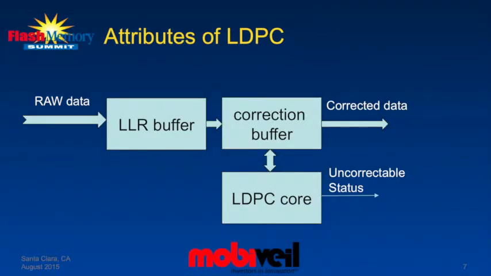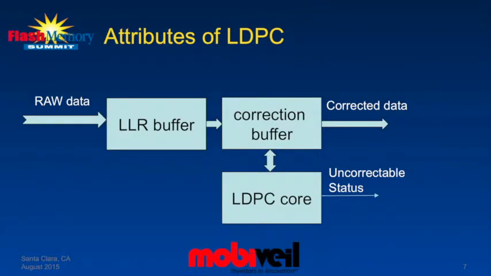Now we go into attributes of LDPC. In LDPC we have raw data come into what's called a log likelihood ratio buffer. It accumulates the data, it's sent into a correction buffer, and the LDPC core corrects it in place. It has the ability to change a particular bit more than once as its algorithm corrects. And once it gets done, it can send the corrected data out.